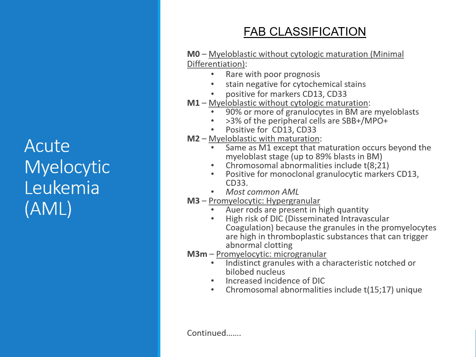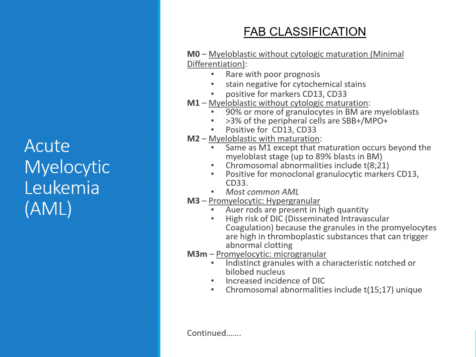All right. So the classification for AML, or acute myelocytic leukemia, is a little bit more complicated than the FAB classification for ALL. So let's talk about what makes each classification different and what we are looking for. The first classification of AML is M0.